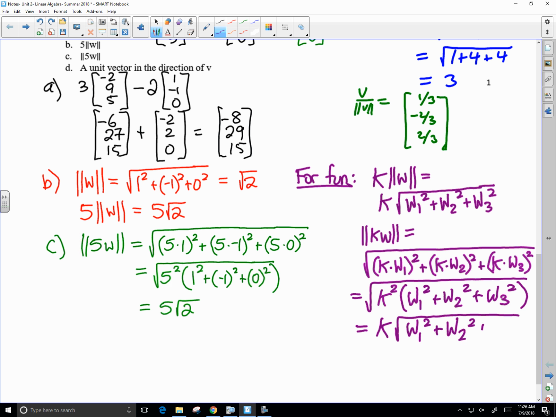And so what's left in the radical here is what was in the radical for part B, if we were to do it in general terms. Right? So, we weren't asked, but we basically, more than basically, we proved the relationship.